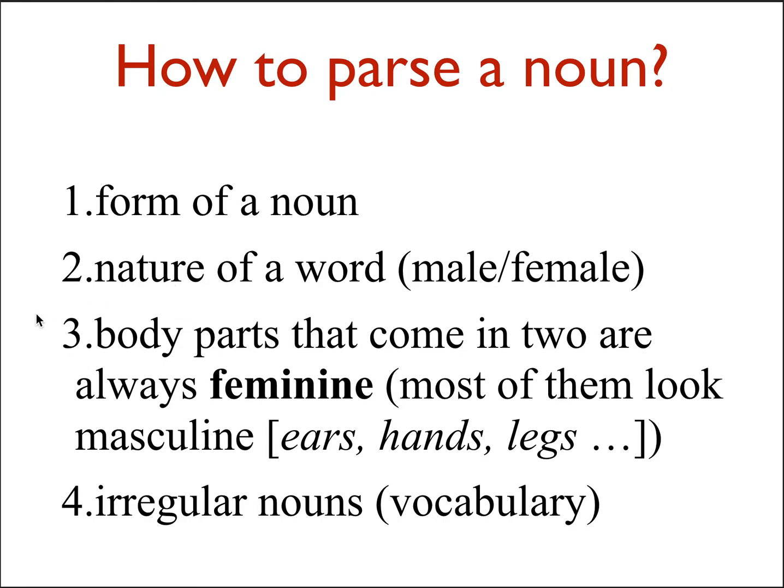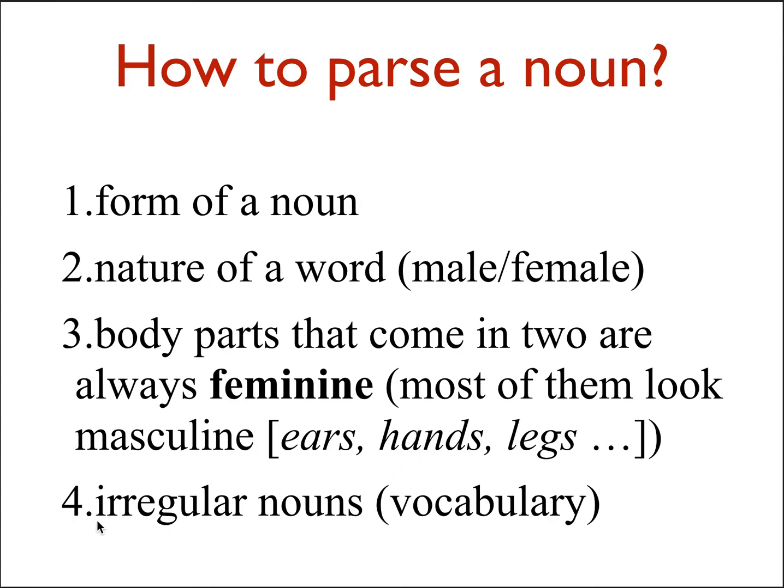Number 3. All the body parts that come in twos, two, not more or less, specifically two, are all feminine. So legs, ears, hands, eyes, etc. Those are all feminine nouns in Hebrew. And most of these look masculine, but they are feminine.